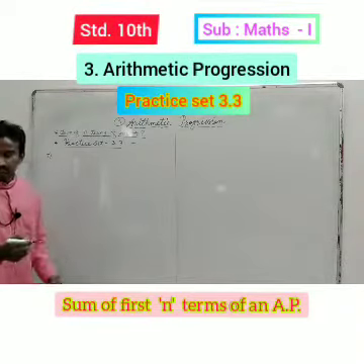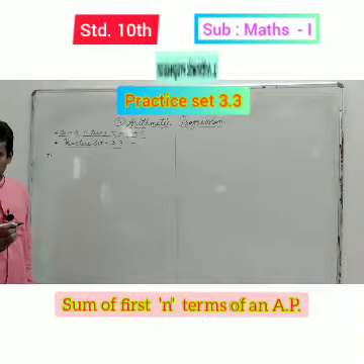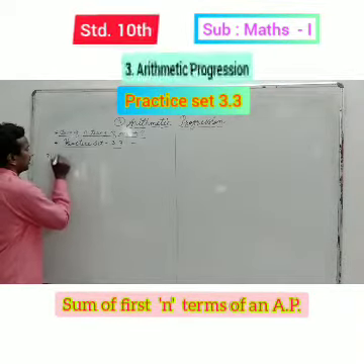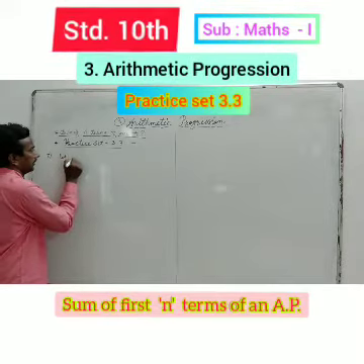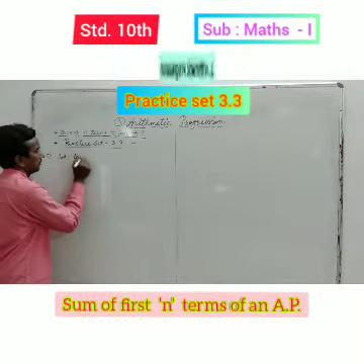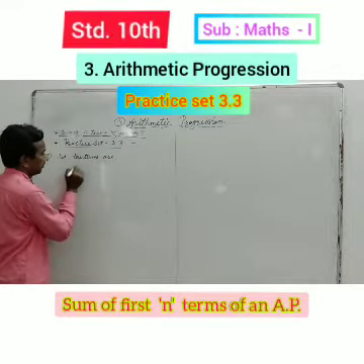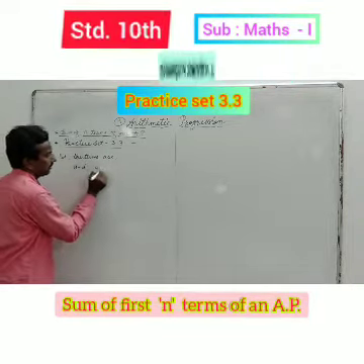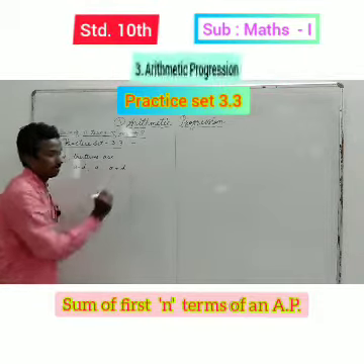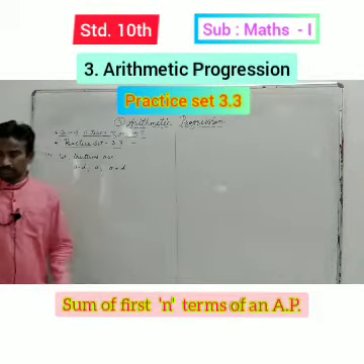Let the terms be a minus d, a and a plus d. These are three consecutive terms.